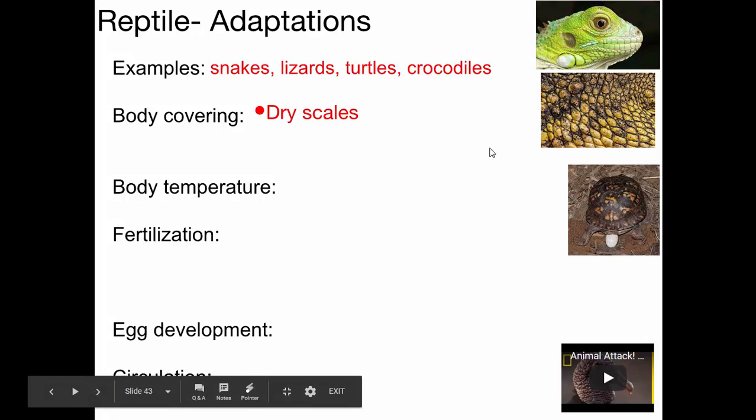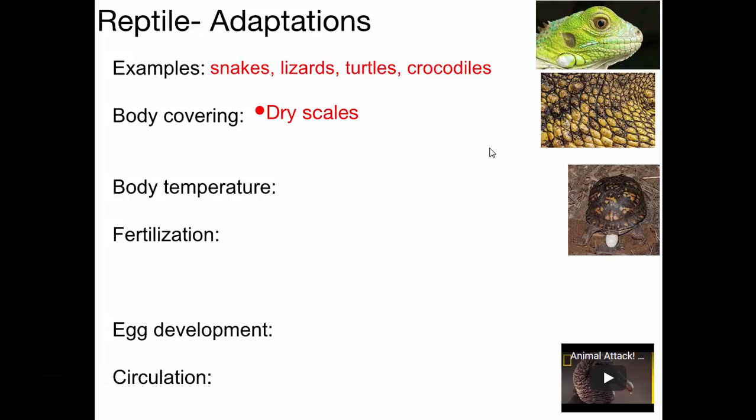And the scales are dry. If you've ever held a snake or a lizard, you may know that their scales are dry, they're not slimy at all. And these scales help prevent them from losing water. It's sort of a waterproof layer so that they don't dehydrate and dry out when they're not in the water.